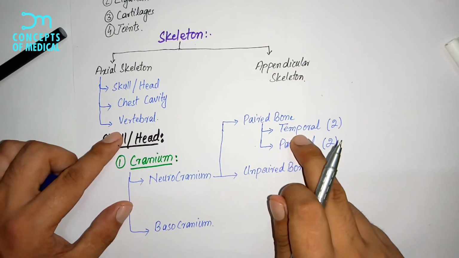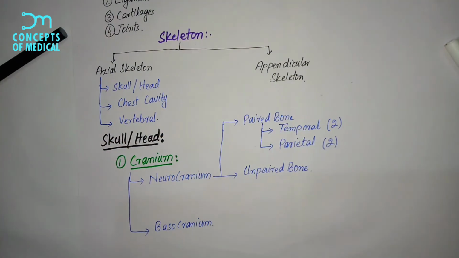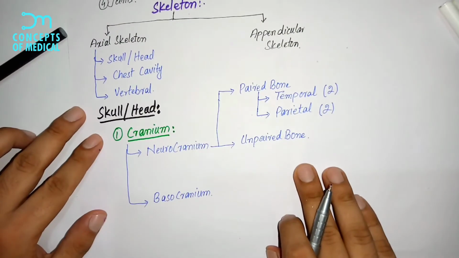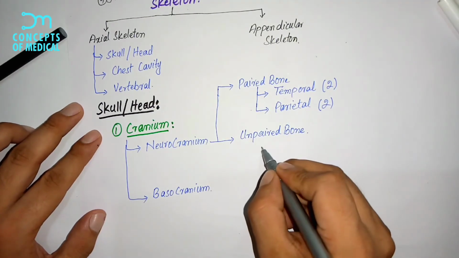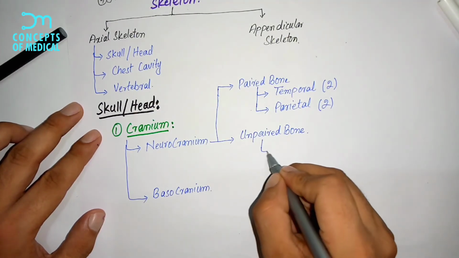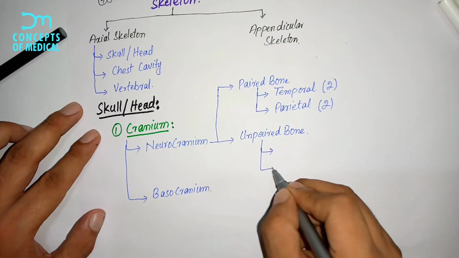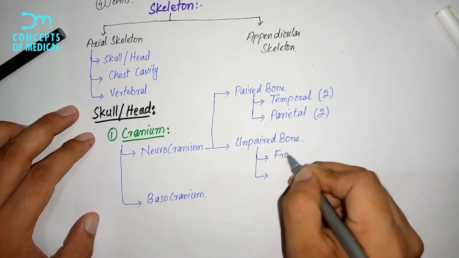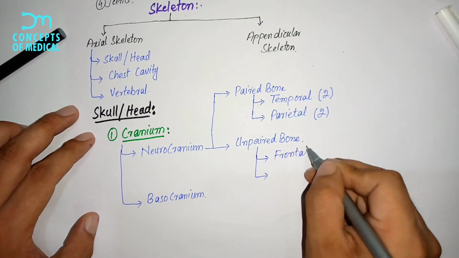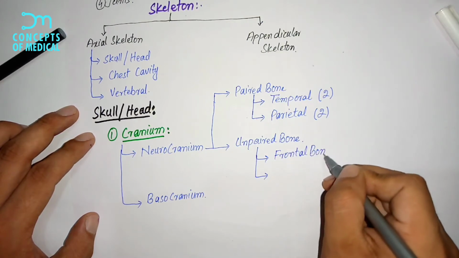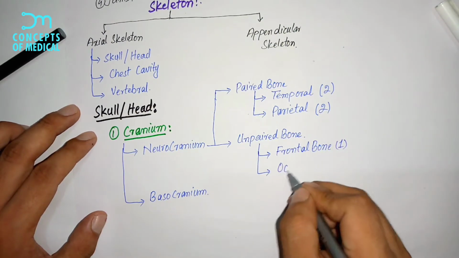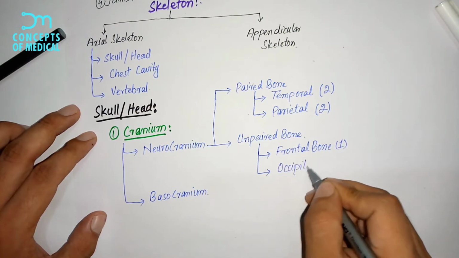Temporal bones are present on both sides of our skull, and parietal bones are also present on both sides of our skull. The second group is the unpaired bones, which are also two. The first is the frontal bone, which is one in number, and the second is the occipital bone.